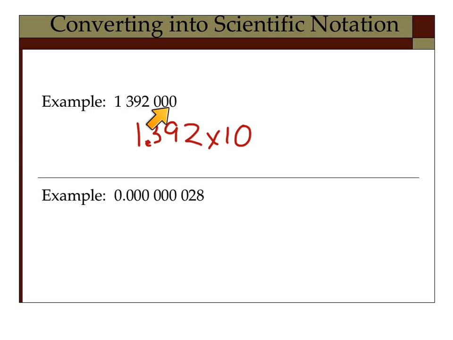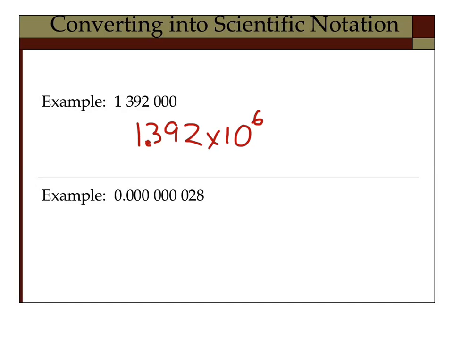So that is 6 spots over, so it's to the power of 6. The exponent is how many spots you're moving the decimal. Normally it's at the end, not really written, but now I'm going to put it right over here. Okay? That's a big number.